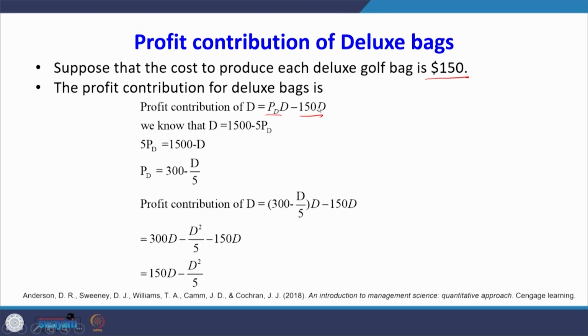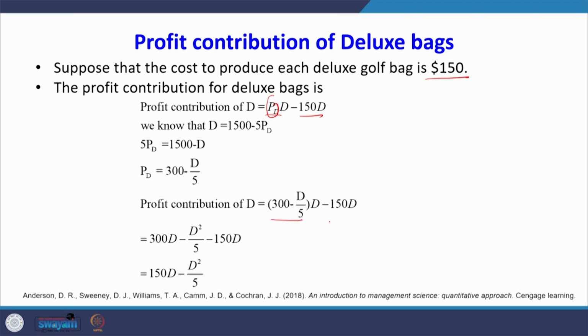From our demand function, D equal to 1500 minus 5 PD, when I bring 5 PD to the left-hand side, 5 PD equal to 1500 minus D. Then PD, when you divide by 5 on both sides, is 300 minus D upon 5. So instead of PD, I am going to substitute 300 minus D upon 5.